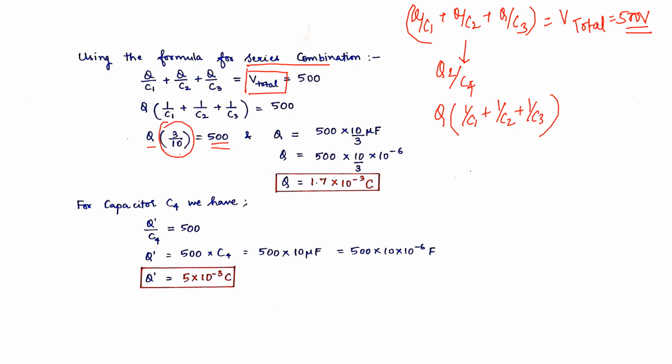Now cross multiplying to get the value of charge, we get Q equals 1.7 into 10 to the power minus 3 C. C is coulombs here.